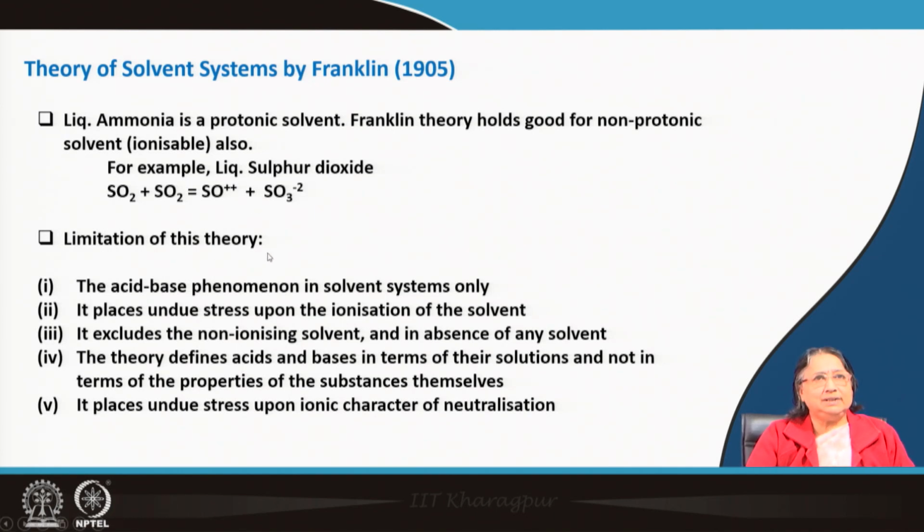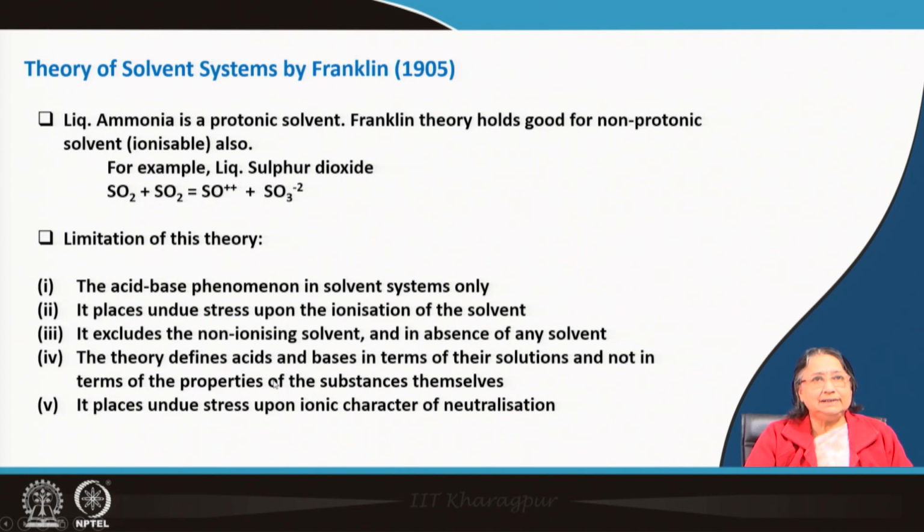The limitations of this theory, the Franklin theory, is that the acid base phenomena in solvent system only has been explained here, just similar to Arrhenius concept. So, it is placing undue stress upon the ionization of solvent, and also it excludes the non-ionizing solvent, and in absence of any solvent, say for example, in gaseous phase, it could not explain the properties of acids and bases.